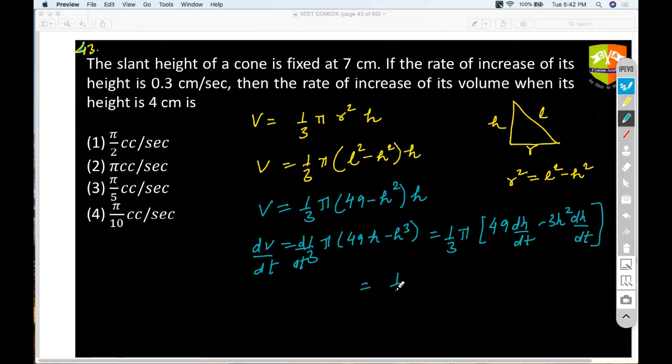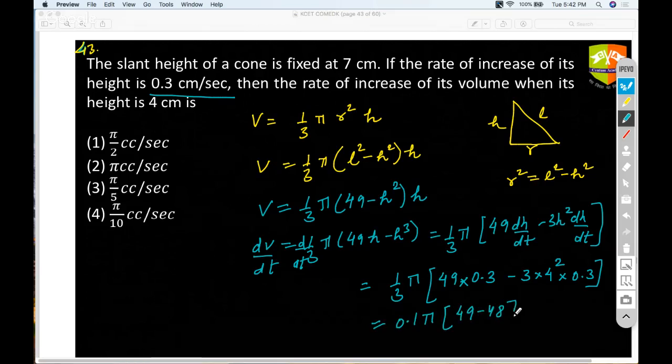Your dh by dt is 0.3, that's the rate at which the height is increasing, and you want it at a height of 4 centimeters, so you can just use h equals 4. That's going to be 0.1 pi times 49 minus 48, which is pi by 10 centimeter cube per second. So I think option number 4 is correct in this case. Absolutely.